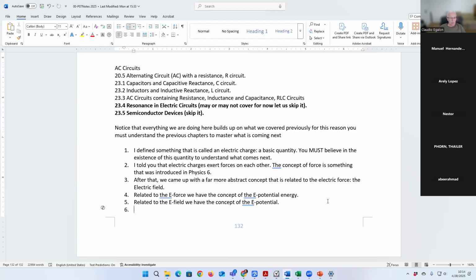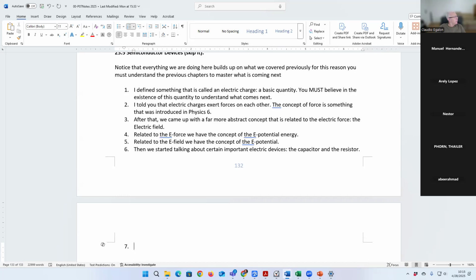And then what else did we do? Then we started talking about certain important electrical devices: the capacitor and the resistor.